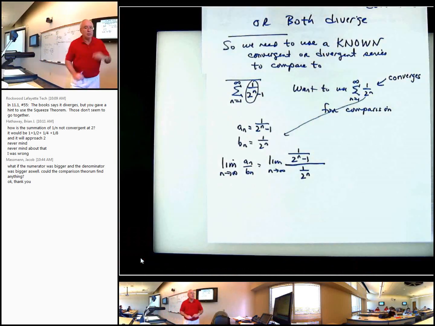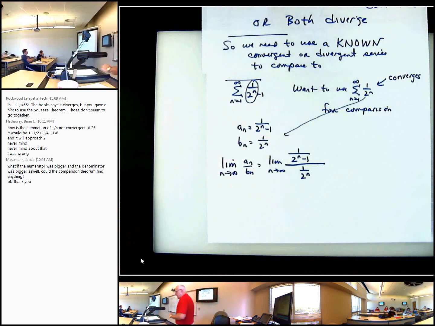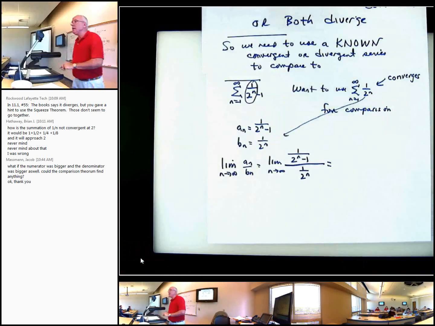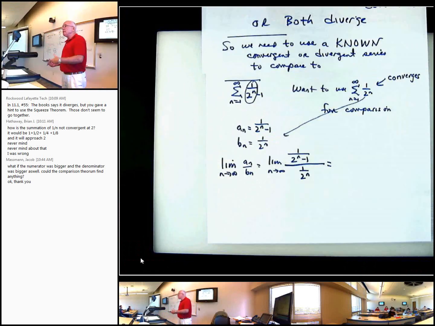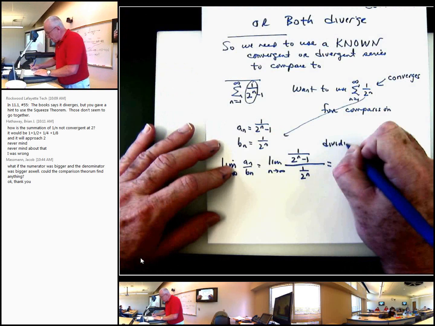So when you were taking intermediate algebra, they called those complex fractions or something like that. Well, the thing is, when you divide by a fraction, it's the same as multiplying by the reciprocal. So I'll just put that down here just for the heck of it.